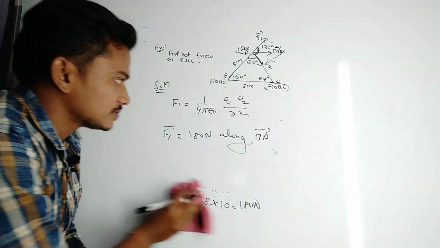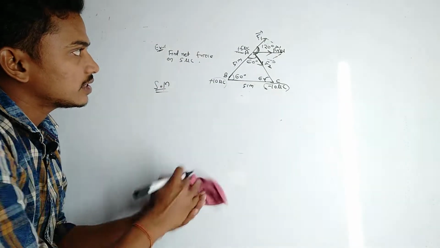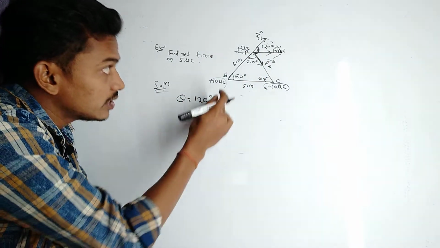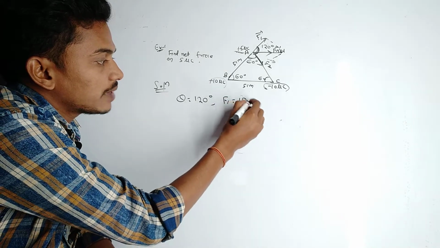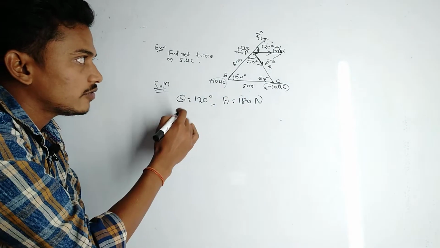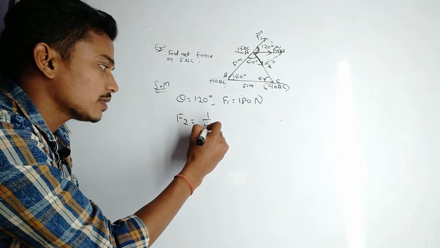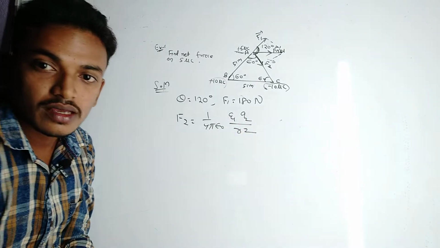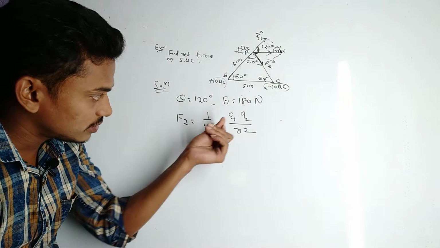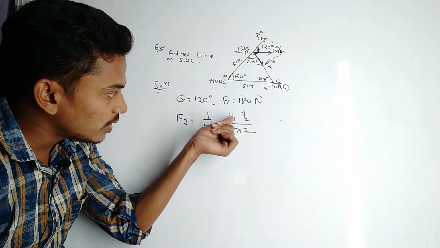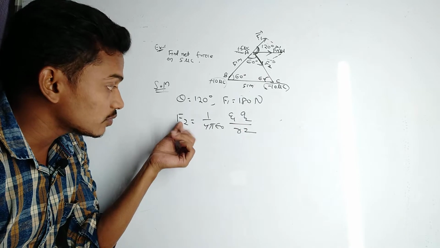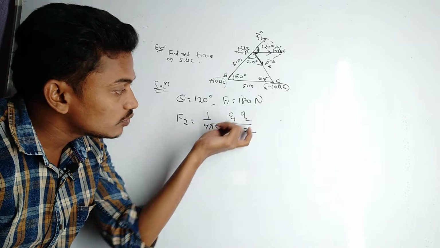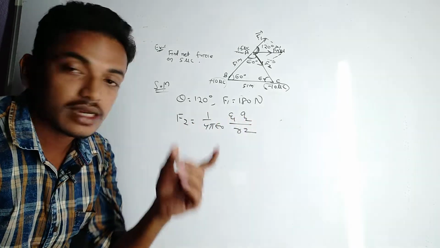So we found that the angle between the two vectors F1 and F2 is 120 degrees, and the magnitude of F1 is 180 Newton. Now find F2. F2 is also given by 1 by 4 pi epsilon naught Q1 Q2 by R square. In Coulomb's law, the magnitude of force is written in terms of Q1, Q2 and R square, and here Q1 and Q2 are taken with magnitude.